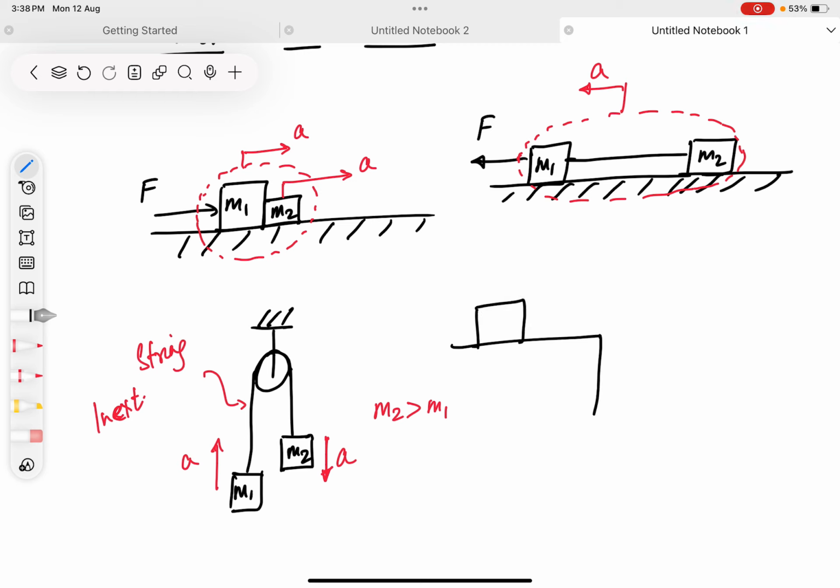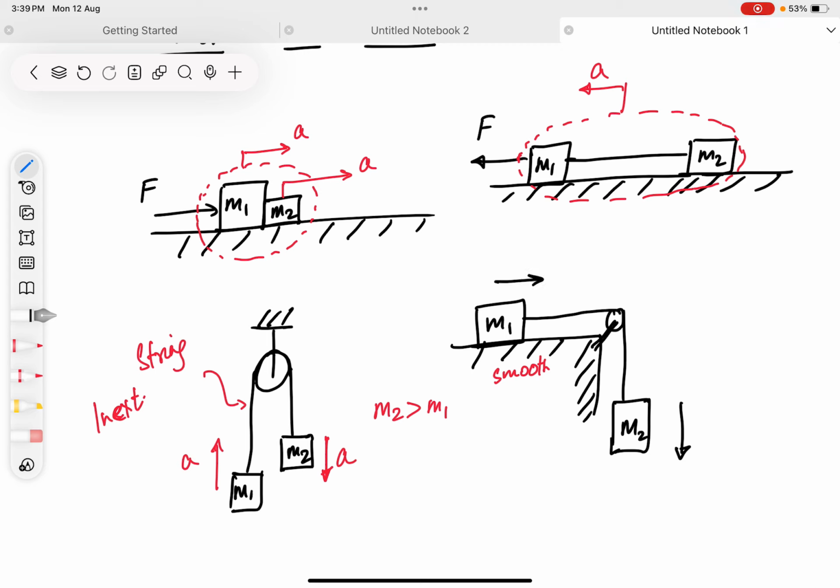Let us take another case. Suppose this is your mass M1, there is a string over here which goes over a pulley, and this is the other mass M2. Now if we let go of the system, what do you feel will happen? Suppose the surface is smooth, with no resistance from the surface. M2 will be accelerating downwards, and M1 will accelerate to the right side.